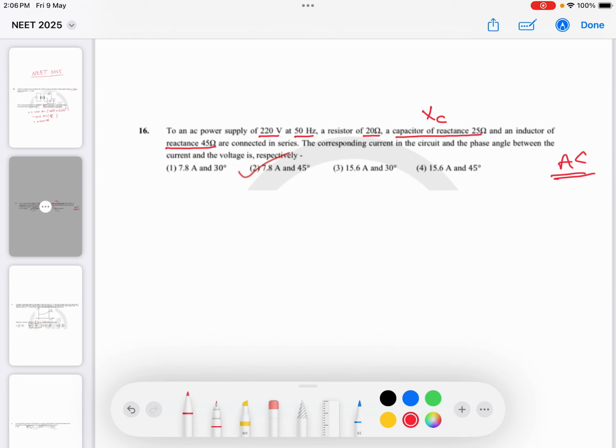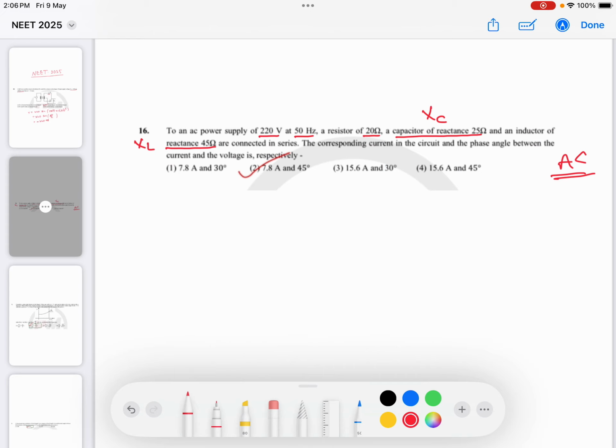Inductive reactance, given as XL, is connected in series. The corresponding current in the circuit and the phase angle between the current and voltage are asked, respectively. Here two things are asked: one is the current, and another one is the angle.